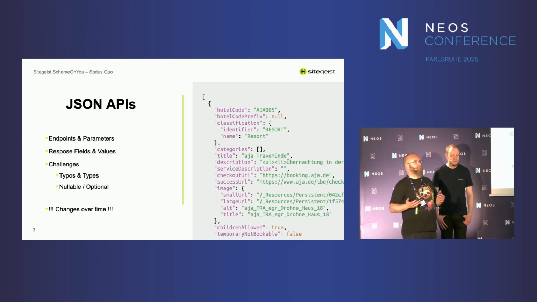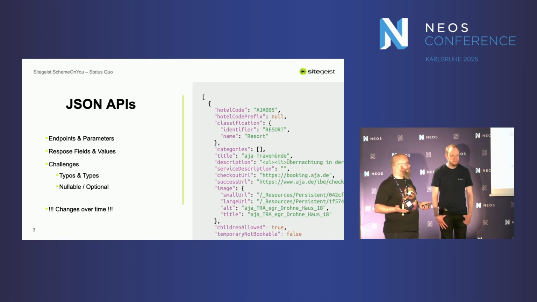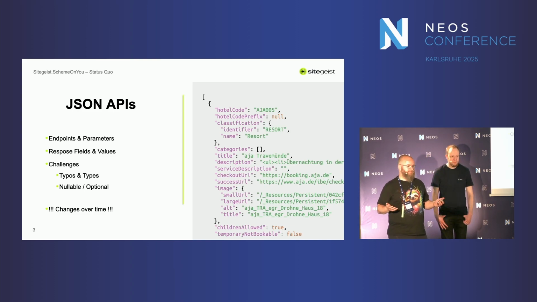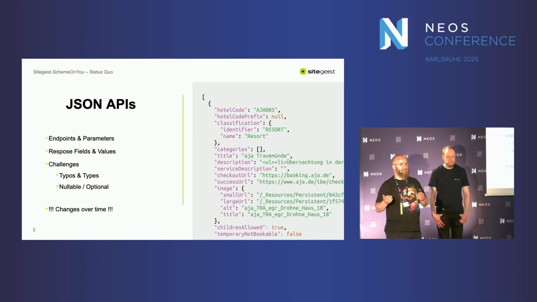That is some struggle in the beginning. We're used to that, we will fix it, but it gets more complicated over time when APIs change and we have to communicate the changes, which often happens in the form of XML snippets in tickets or JSON snippets in tickets that get sent around.